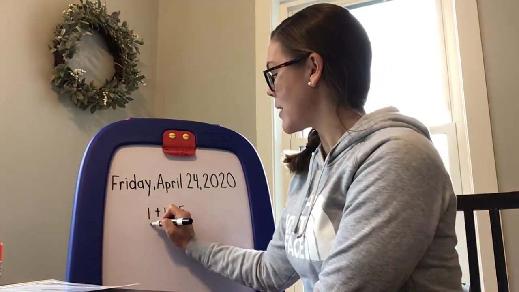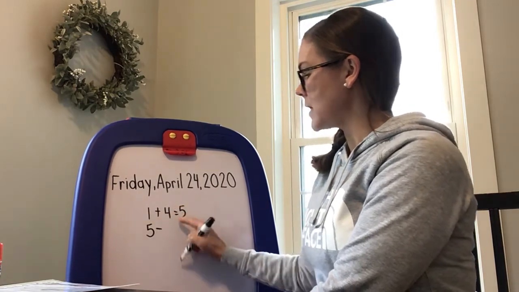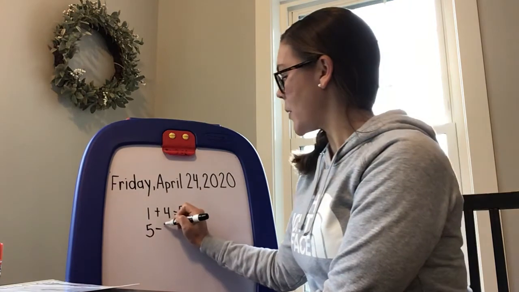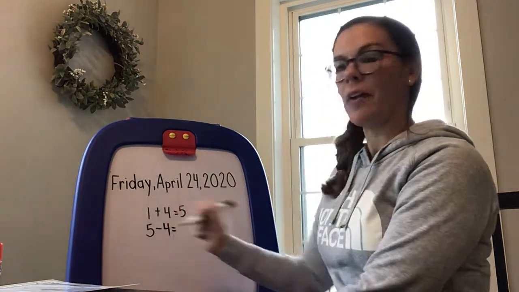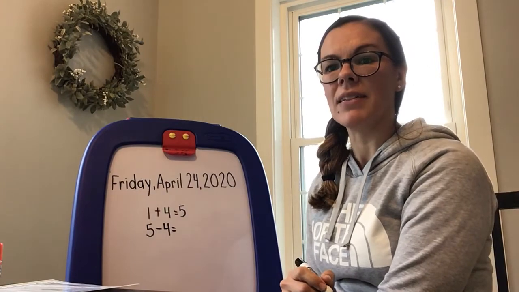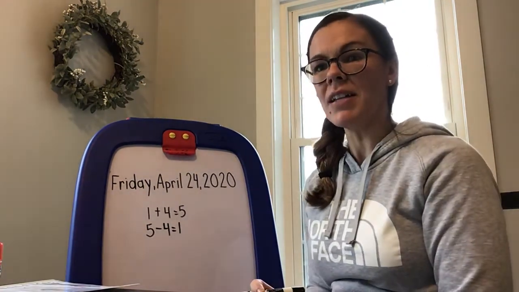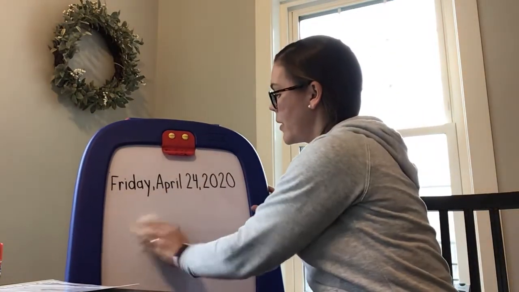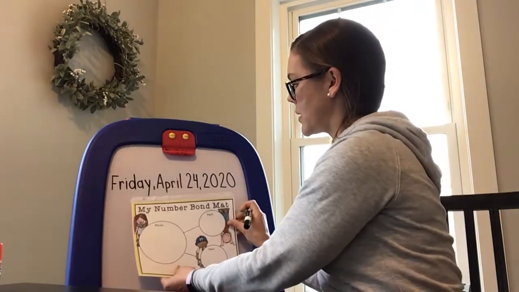So I'm gonna use my sum, 5, put my minus sign, and the number 4, because that's what comes next if I'm going backwards. 5 minus 4 equals, I only have one number left, and that's the number 1. 5 minus 4 does equal 1, okay? This is called a number bond.